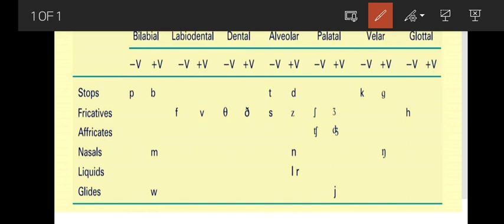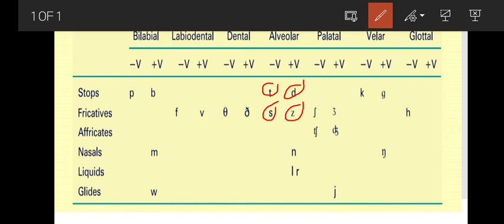If you try to pronounce these sounds like t, s, d, and z, you will feel that the tip of your tongue is actually touching the teeth ridge. Okay, t, t.